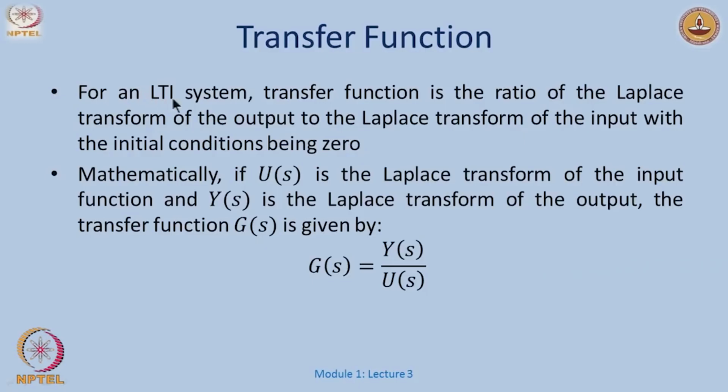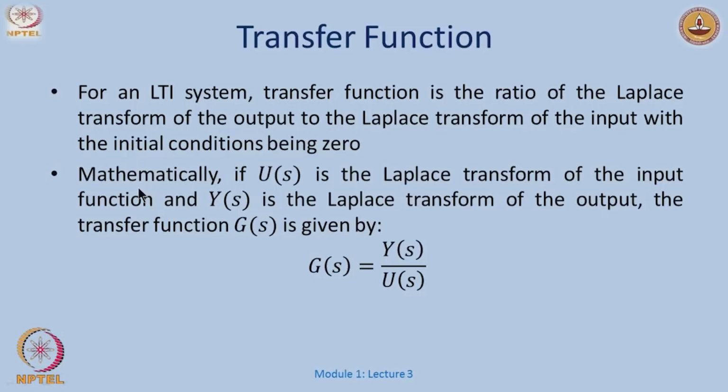For a linear time invariant system, let me also recollect that we will here focus on single input, single output systems, also called SISO systems. For these LTI SISO systems, the transfer function is the ratio of the Laplace transform of the output to the Laplace transform of the input, assuming 0 initial conditions.